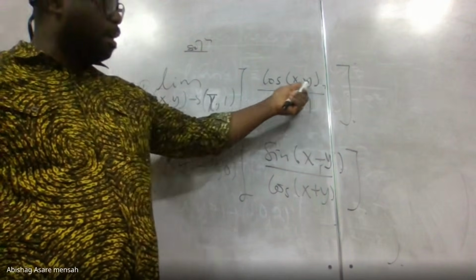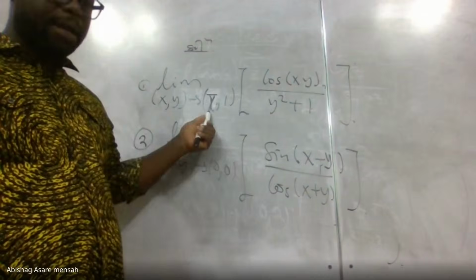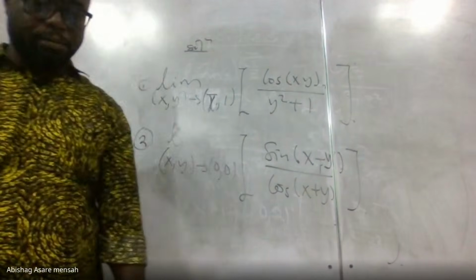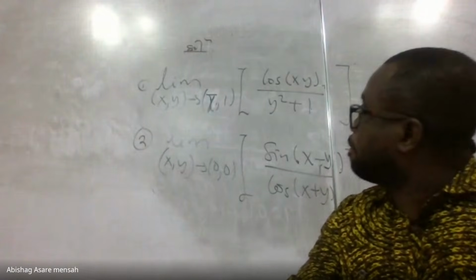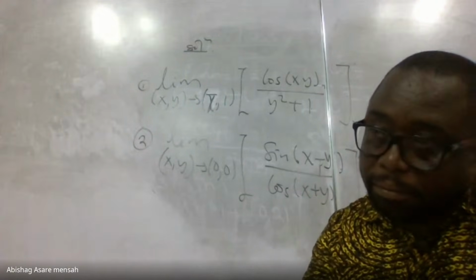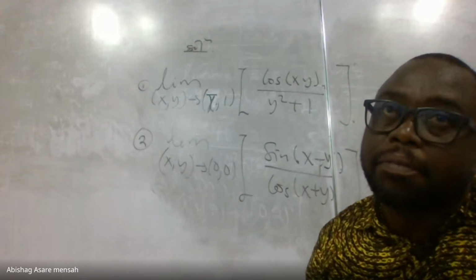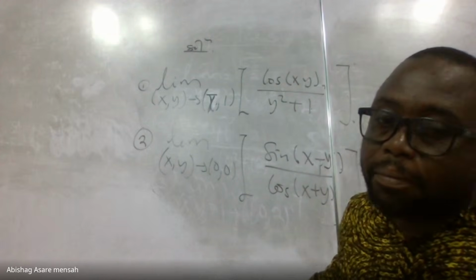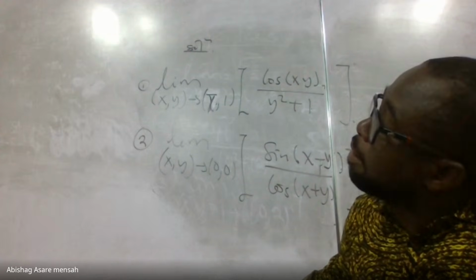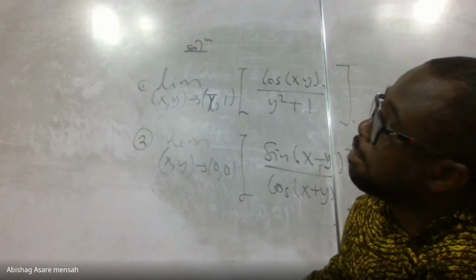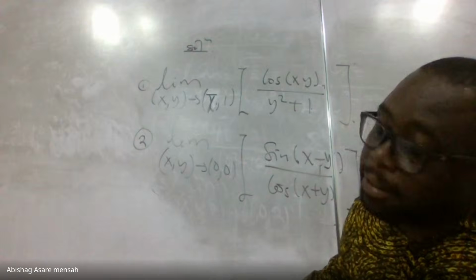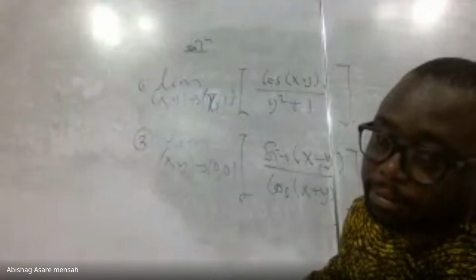If you want to put pi in degrees, what will we do? Pi radian is equal to 180 degrees.